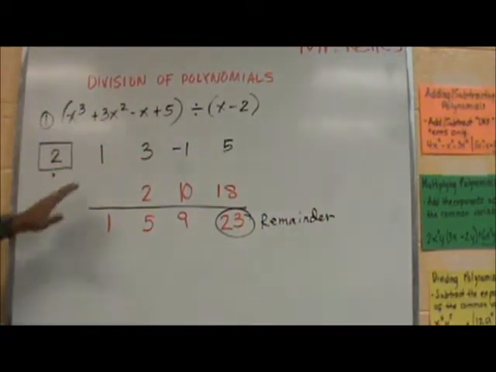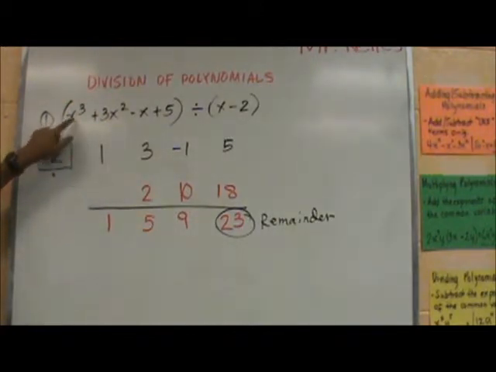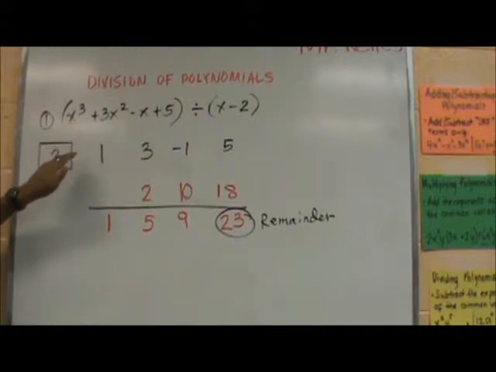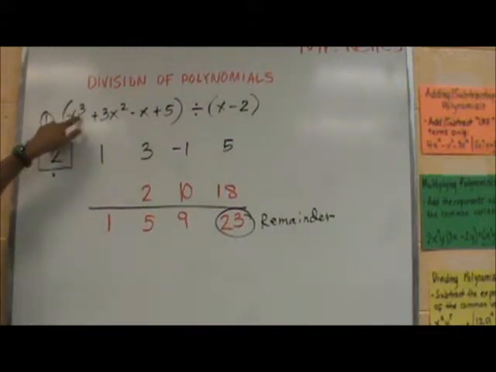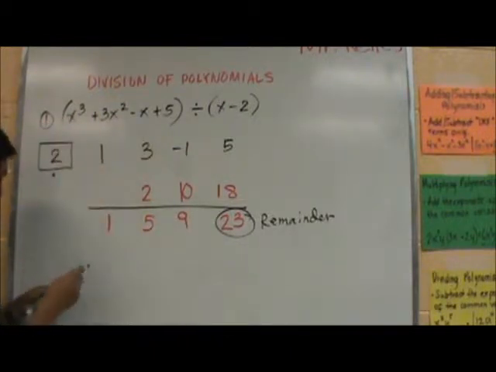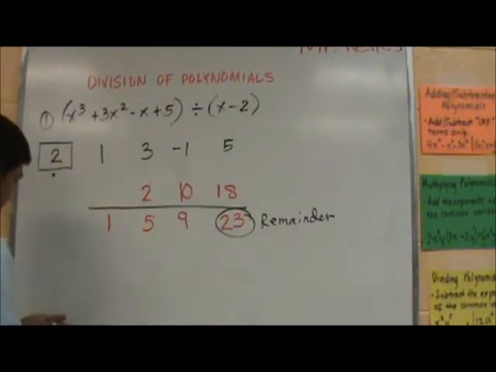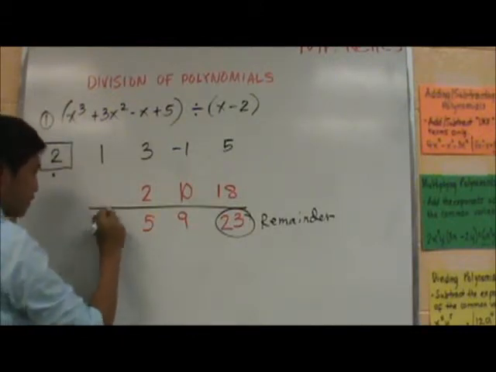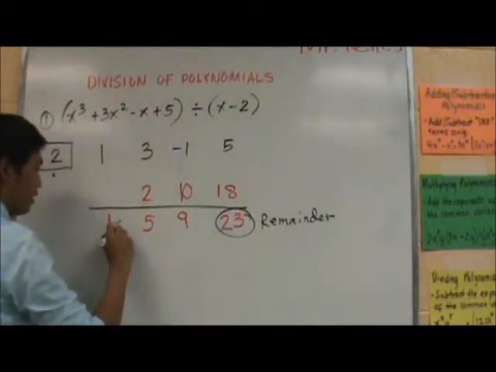Now, in the problem, the highest exponent is 3, so we subtract 1, because if you divide x cubed by x, the quotient will be x squared. So 3 minus 1 is 2. That means the first number here gets the x squared.